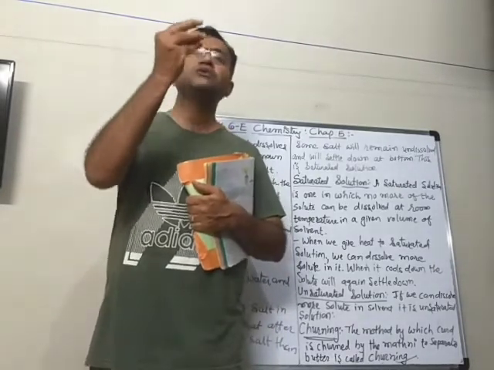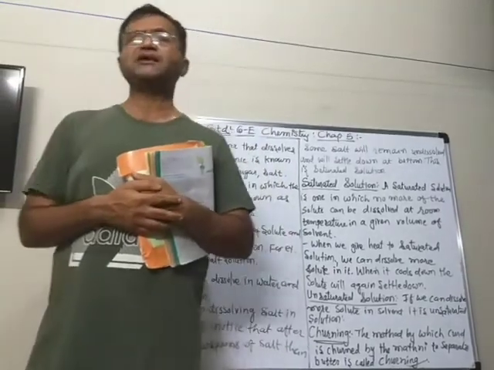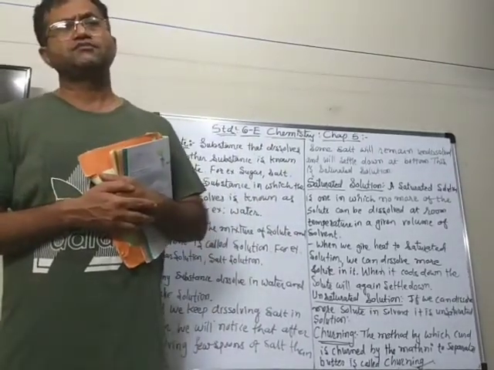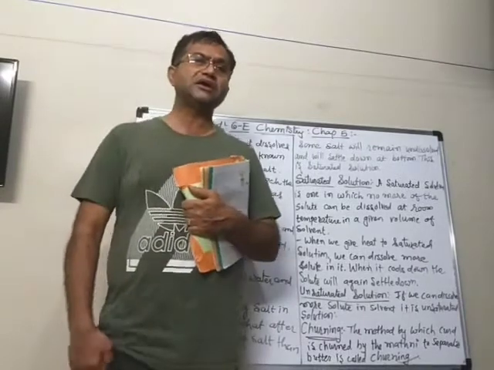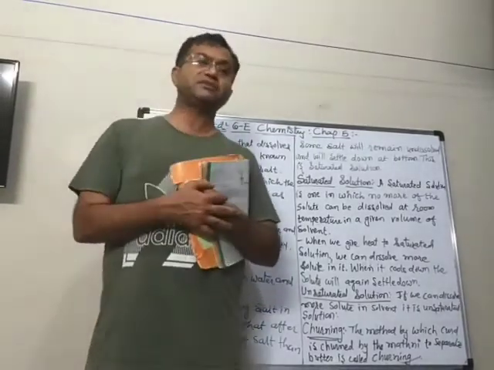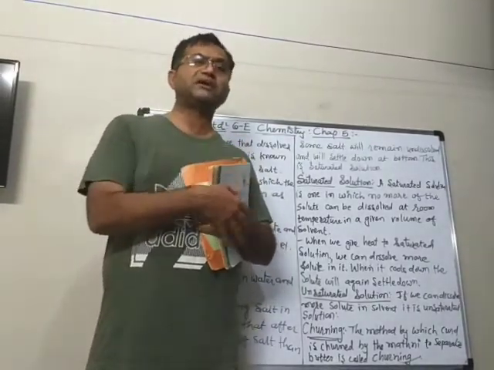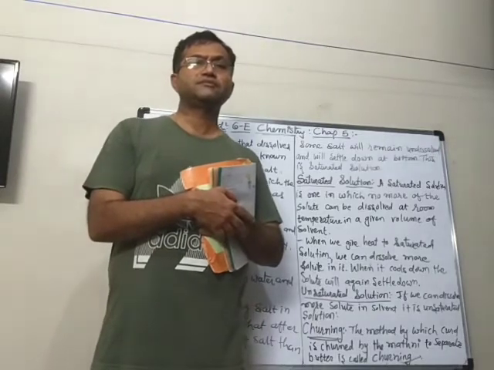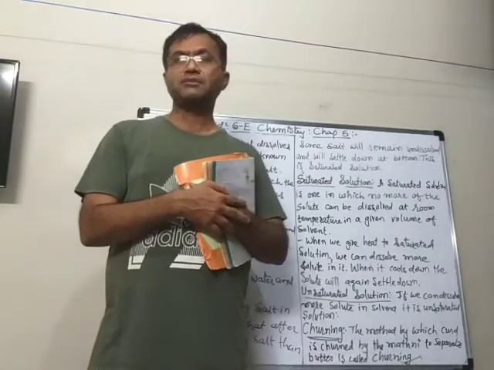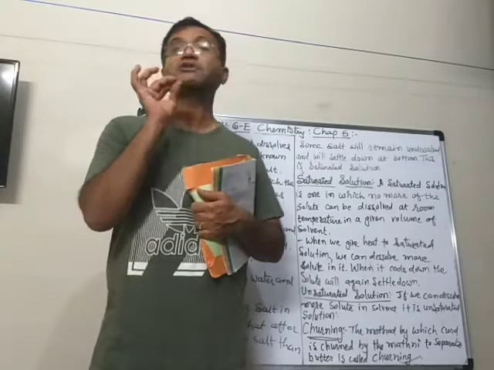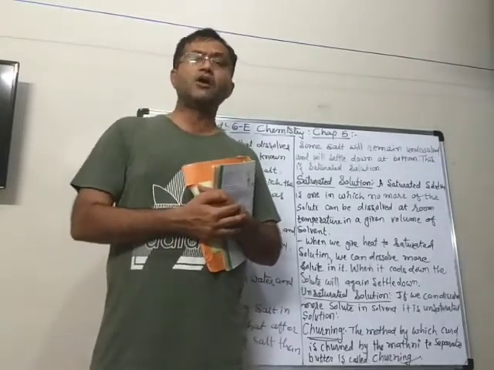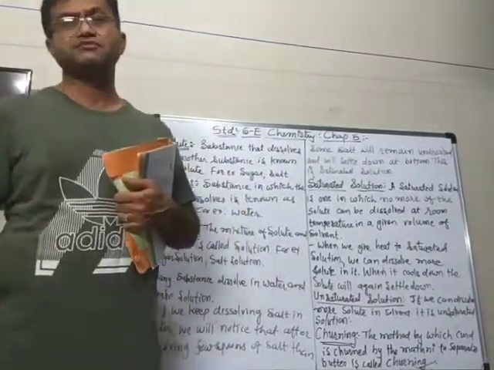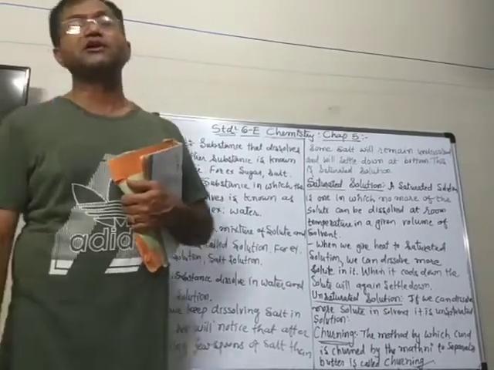Maybe only a few substances are like that, they are not dissolving in water, for example, the sand, the chalk particles, and some others. But most of the chemical substances can be dissolved in water.